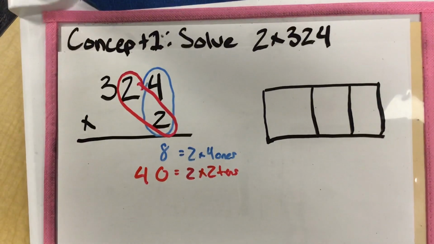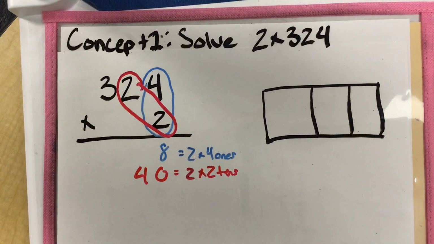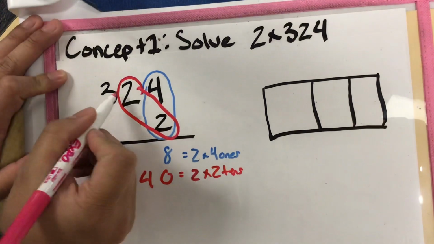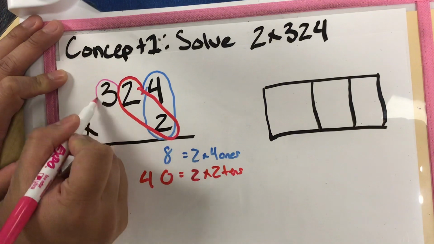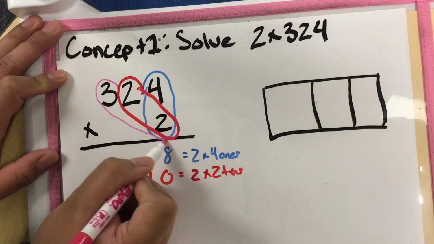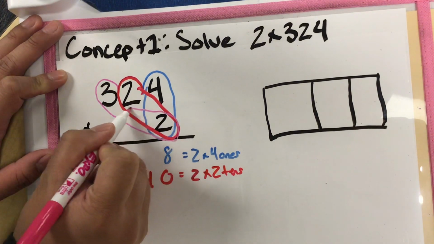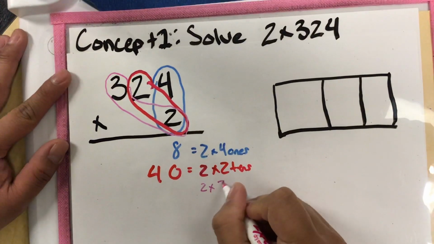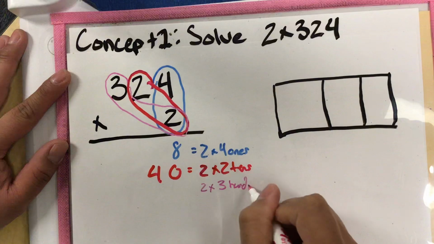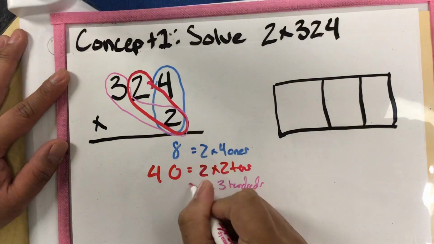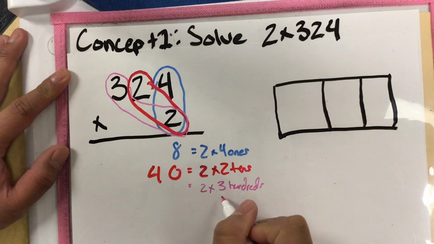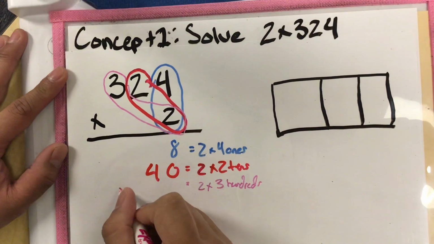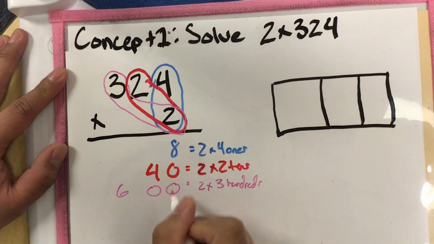Okay? And then now we're going to look at our third step, which is going to be 3 hundreds times our 2. Sorry if it's squeaking. So 2 times 3 hundreds. Well, 2 times 3 equals 6, and 6 hundreds equals 600.